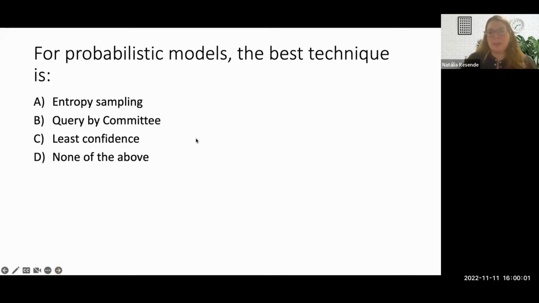For probabilistic models, the best technique is entropy sampling, query by committee, least confidence, or none of the above? What do you think? Only two people responded so far.